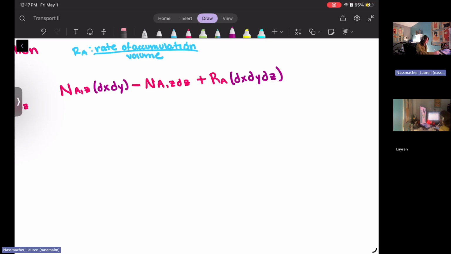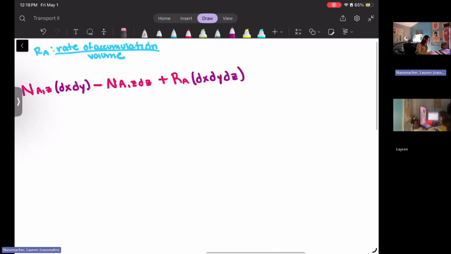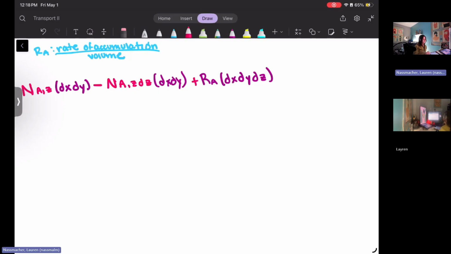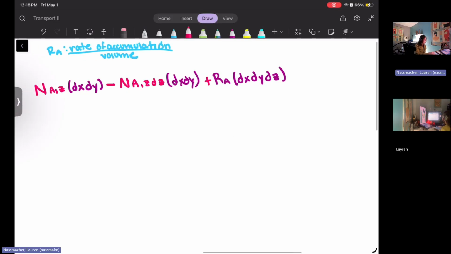And our flux of component A coming out of the cube at z plus dz will also be multiplied by dx dy, once again, with the rate of formation RA multiplied by the volume.